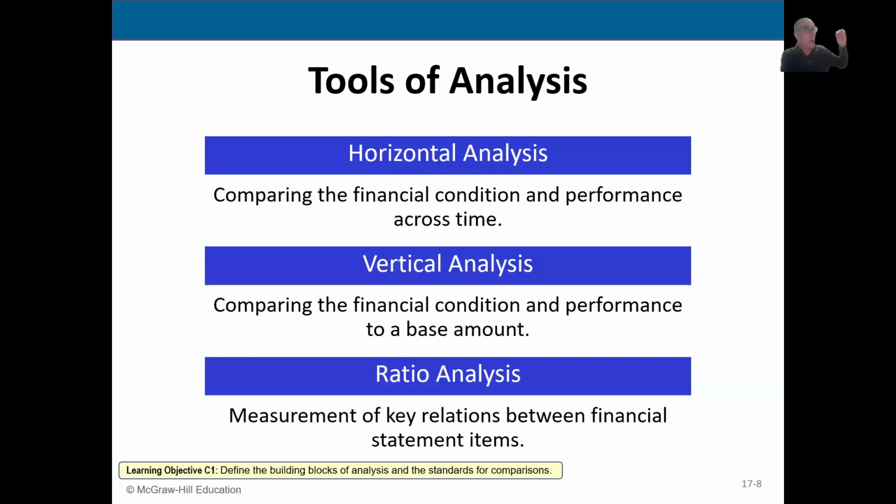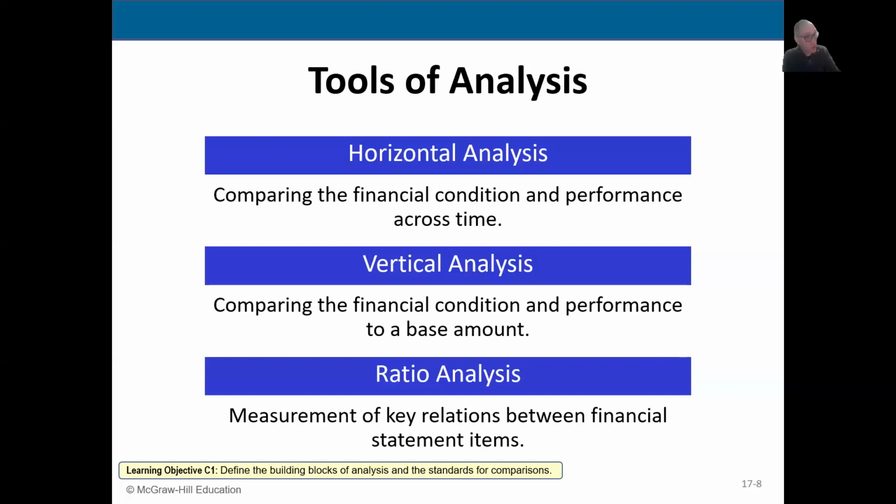In other words, I can compare the sales, expenses, net income, and even the balances on the balance sheet from one year to the next. So I can look at 2022 for the year and look at my amounts on the income statement and on the balance sheet.